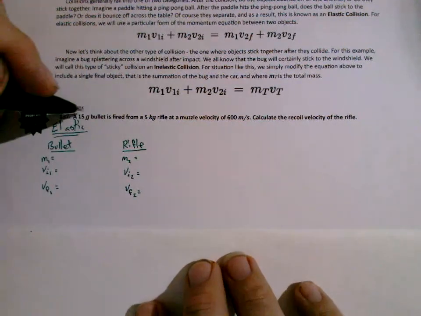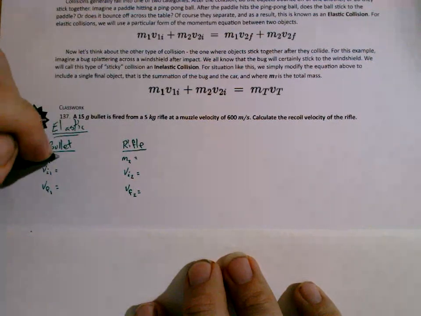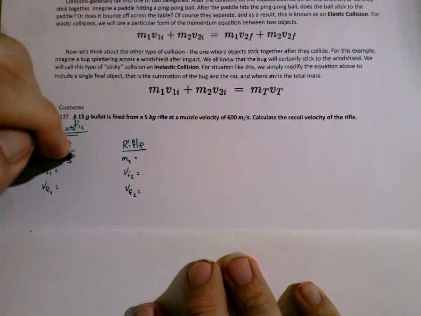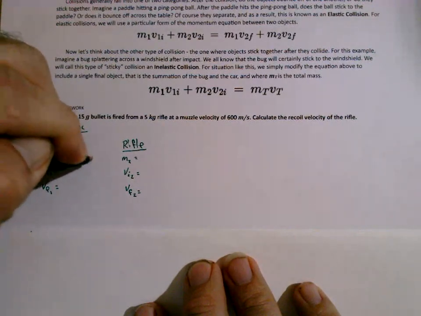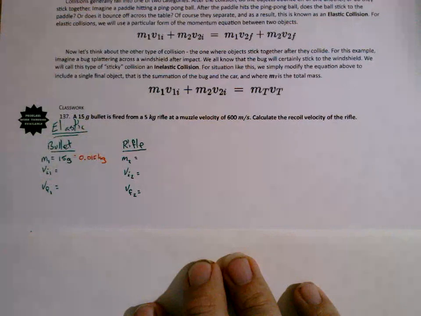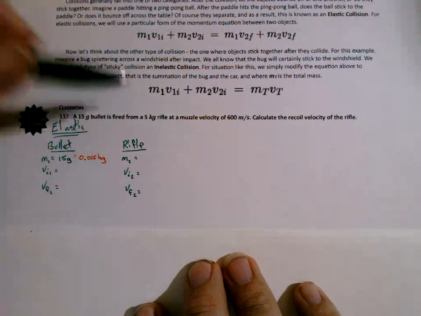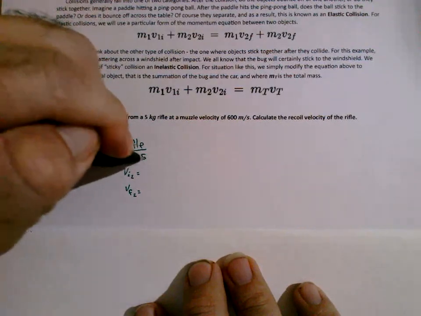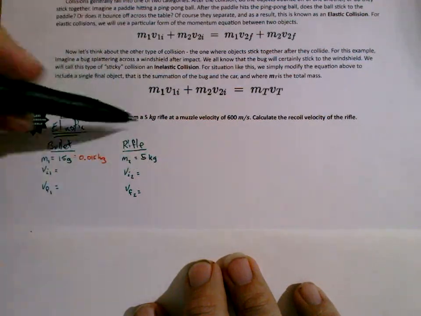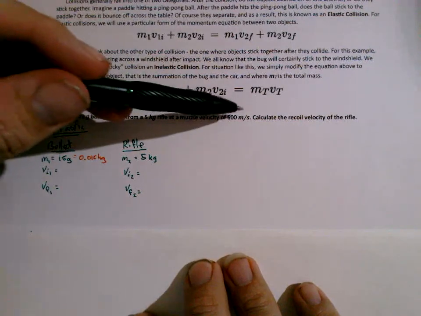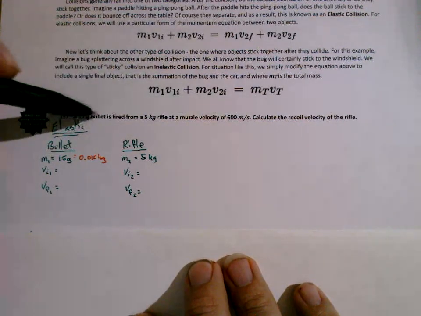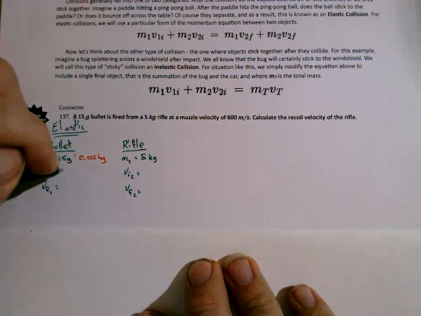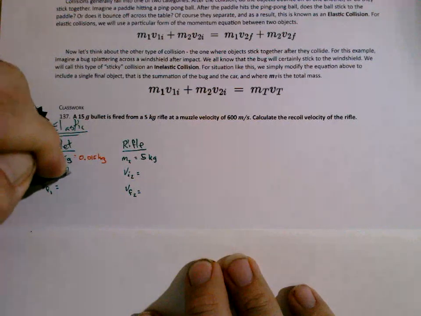So let's start with the mass. The bullet is 15 grams. Now we can automatically write that in kilograms as 0.015 kilograms. It is fired from a 5-kilogram rifle, at a muzzle velocity of 600 meters per second. That means that the bullet is fired at 600 meters per second, but initially the bullet is not moving, right?